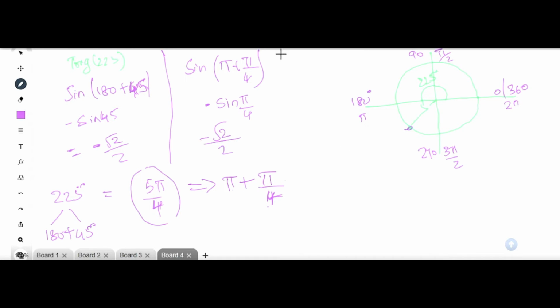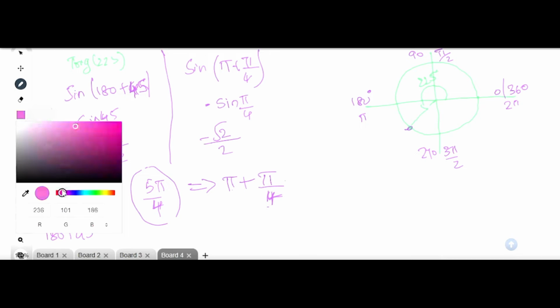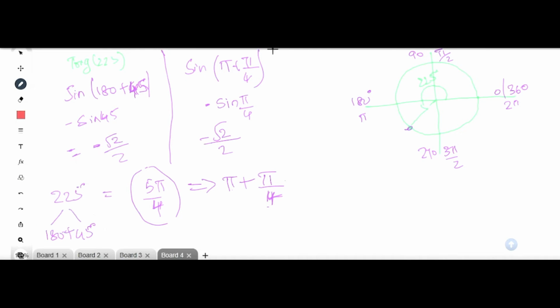Now shall we do it for cos? Cos of pi by 4.